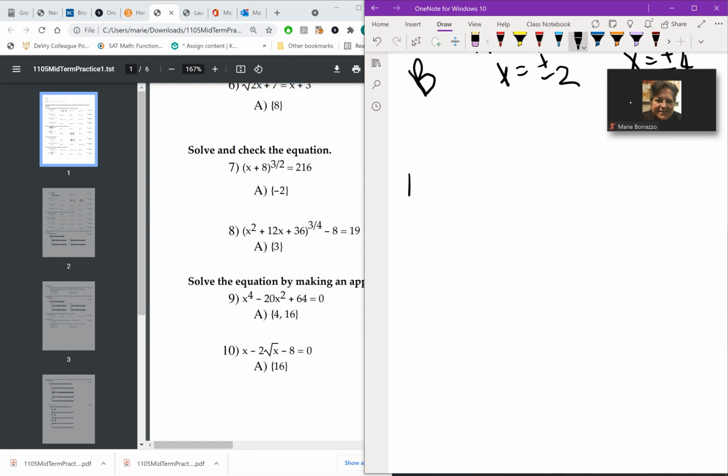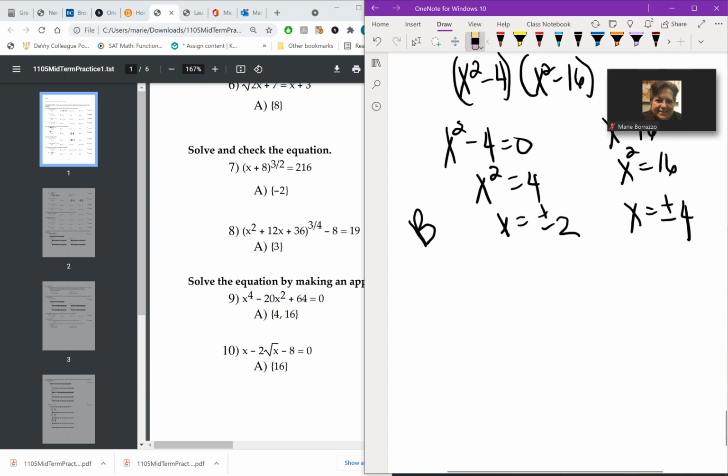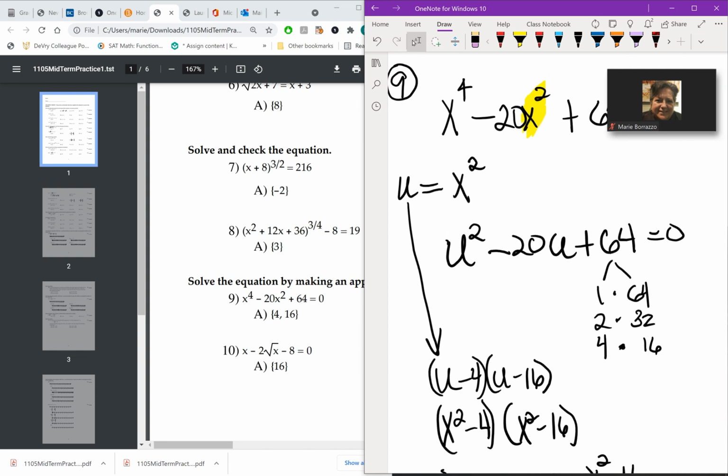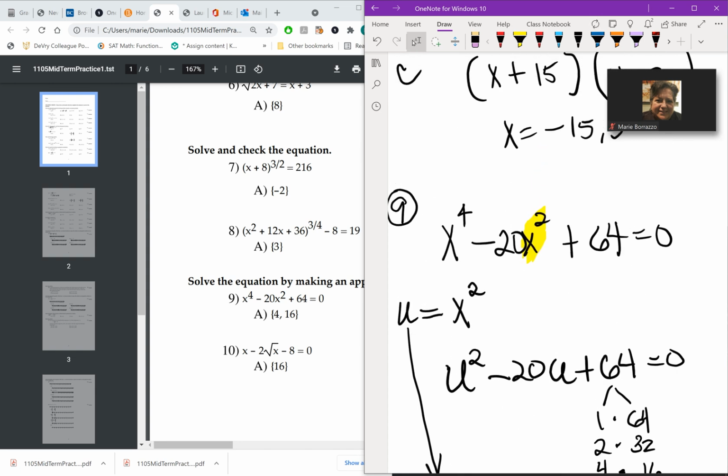Question number 10 is the same thing. Oh, and before I continue, let me show you how to do this without u substitution in case you feel brave enough. So I'm looking at the question, and without u substitution, I'm going to use the teal to do this. I would simply say, okay, if that's x squared, this has to be x squared in the front for each of these, because I need an x to the 4th power.